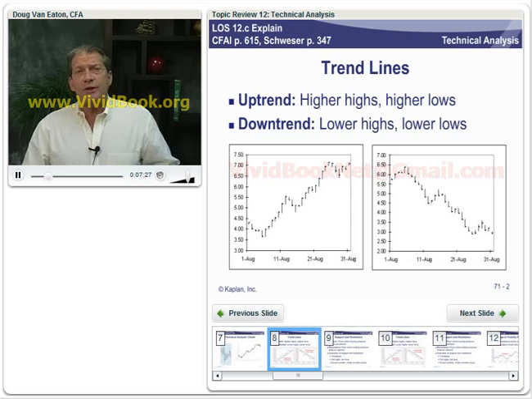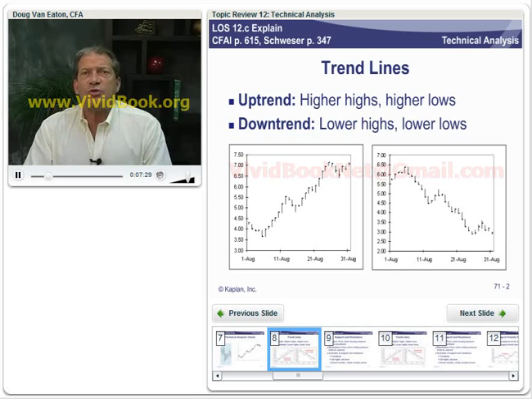Another tool that technical analysis uses is trend lines. An uptrend is characterized by both higher highs and higher lows, and you see an uptrend illustrated on the left-hand side here. There we connect the lows to get our uptrend line.